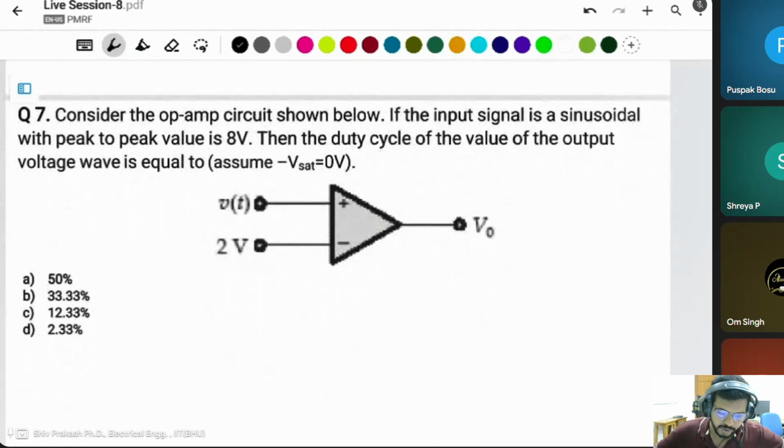Okay, consider the op-amp circuit shown below. If the input signal is a sinusoid with peak to peak value of 8 volt, then the duty cycle of the output voltage wave is equal to, assume minus V saturation is 0 volt.